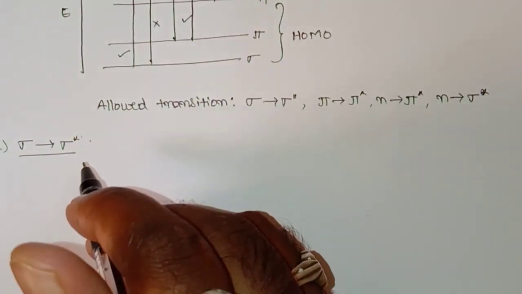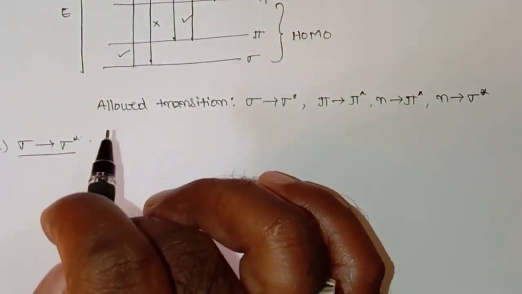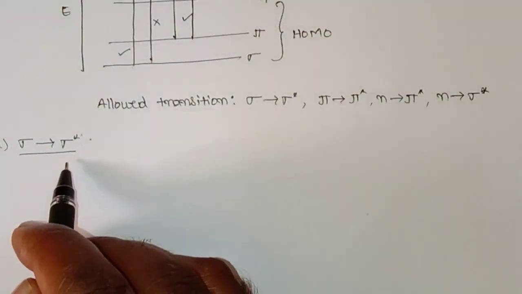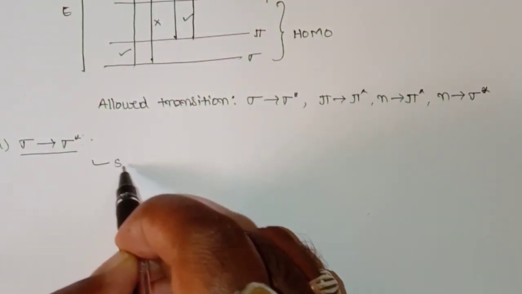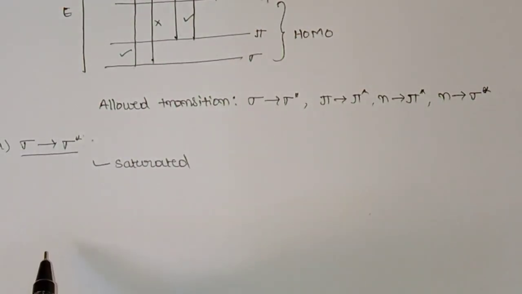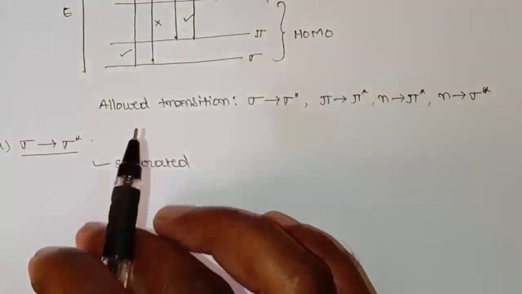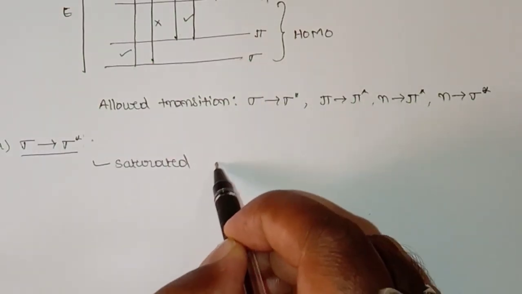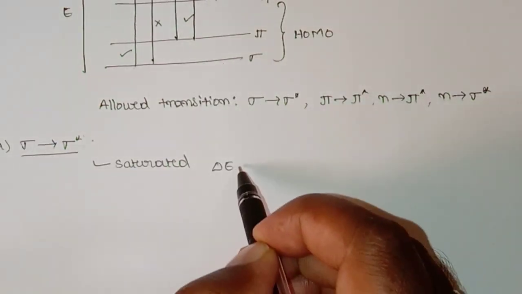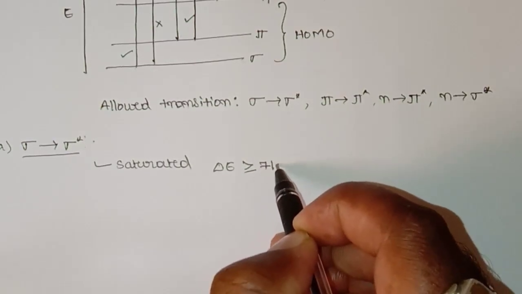This sigma to sigma star transition will occur in the compounds that contain only sigma bonds and there are no lone pairs or no pi electrons. That means sigma to sigma star transitions will occur in the case of only the compounds that are completely saturated. And in order to carry out the sigma to sigma star transition, a greater amount of energy is required, provided the energy difference, that is delta E, between the HOMO and LUMO is greater than or equal to 712 kilojoules.